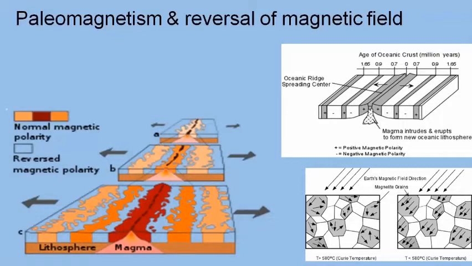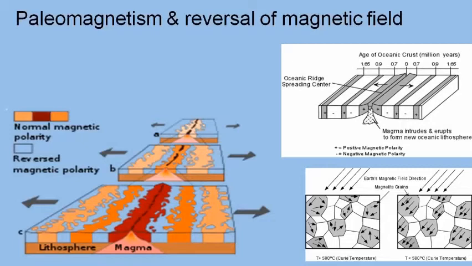Again, supposing a couple of years later, the Earth's magnetic north and south is in this direction. That means the magnetic grains will align themselves according to this direction. So what happened?